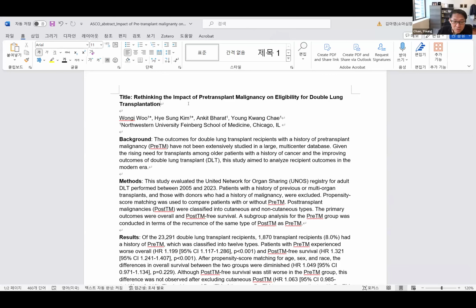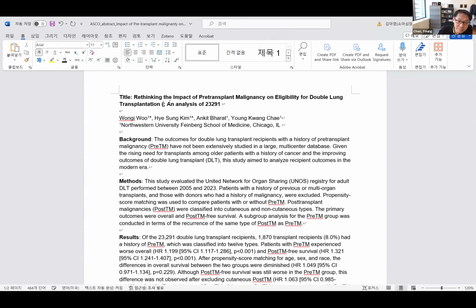Yeah, so semicolon and then put analysis of 23,291 double lung transplant recipients. Yeah, I would put the DLT in the parenthesis after the double lung transplant and then reuse it.